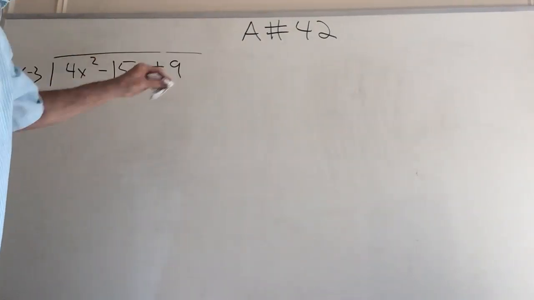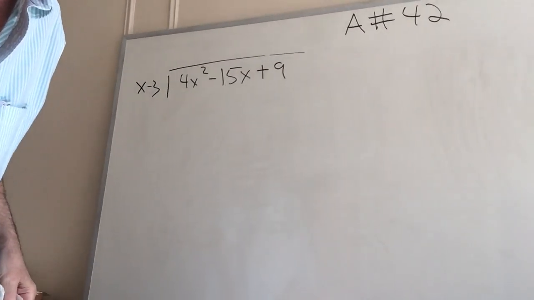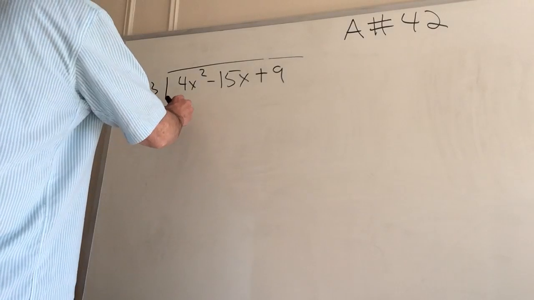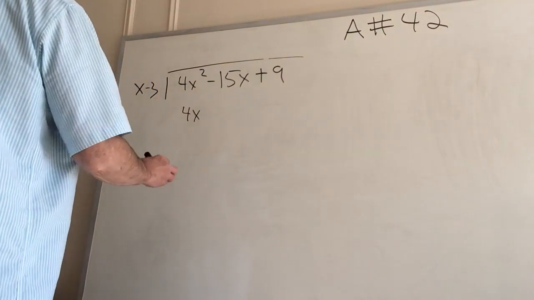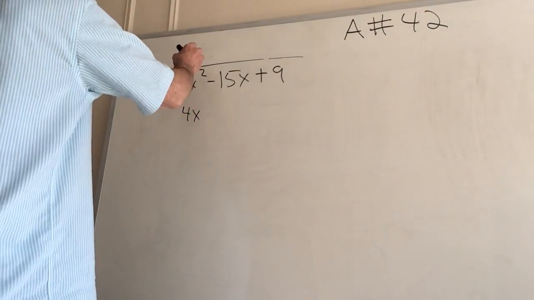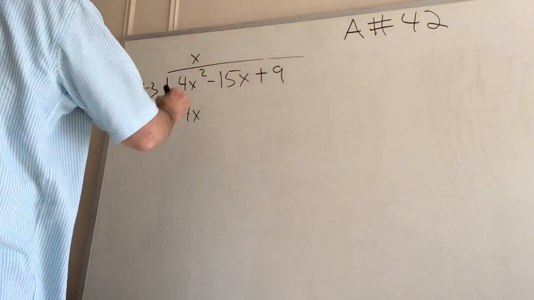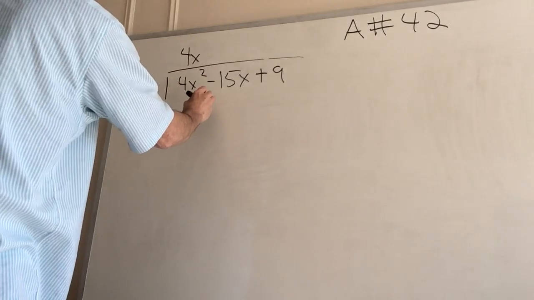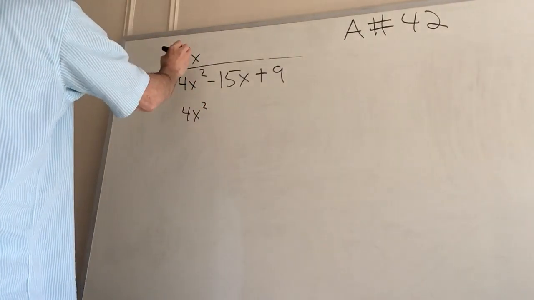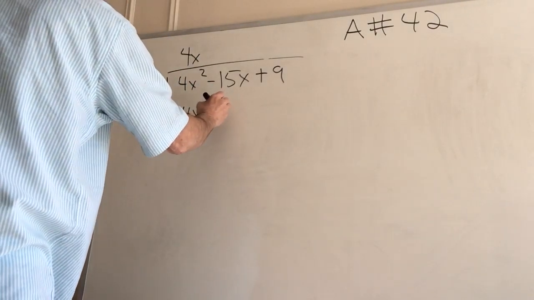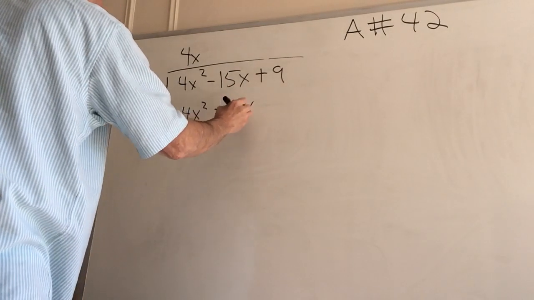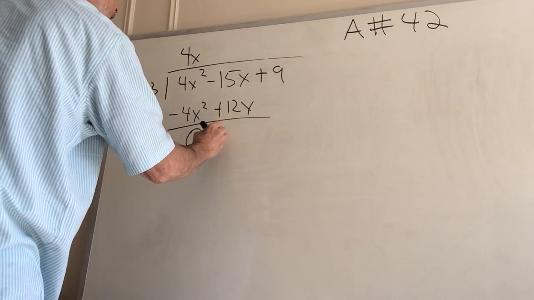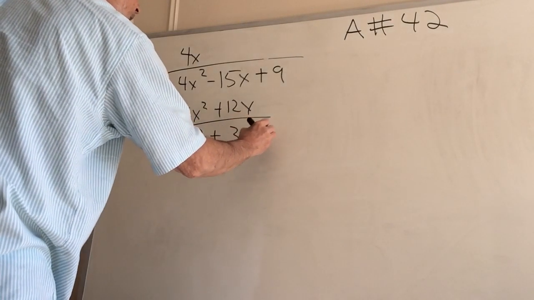So we got it in the corner here. Okay, x goes into 4x squared 4x times, so that means this is just 4x. 4x times x is 4x squared, and then what goes next? 4 times negative 3 is negative 12x, opposite signs as we were taught to do.